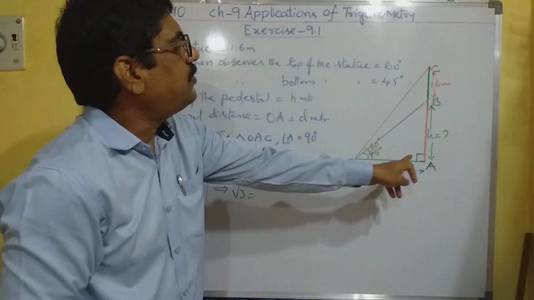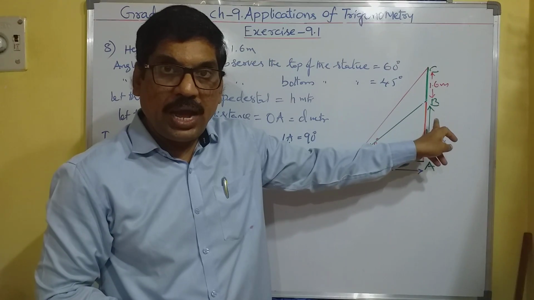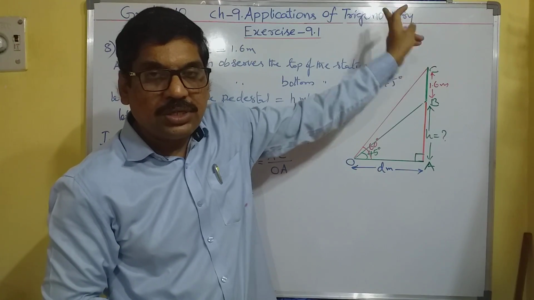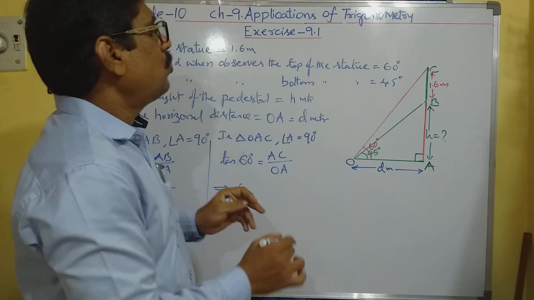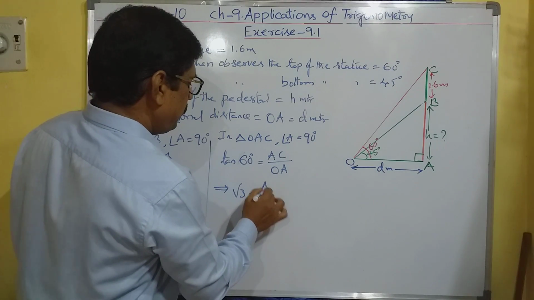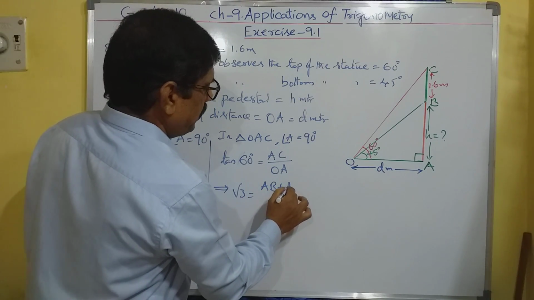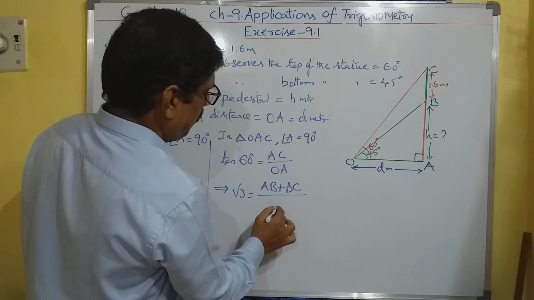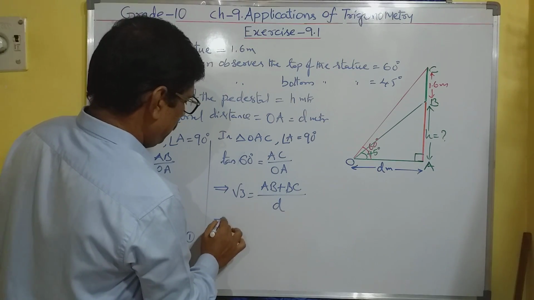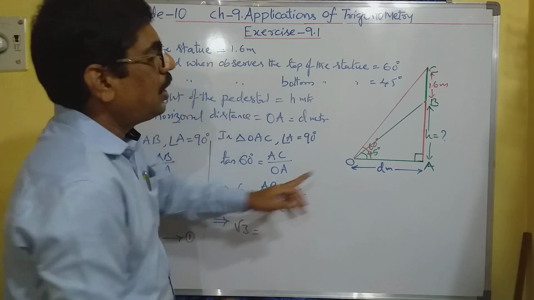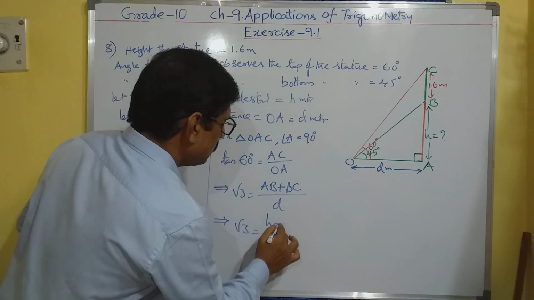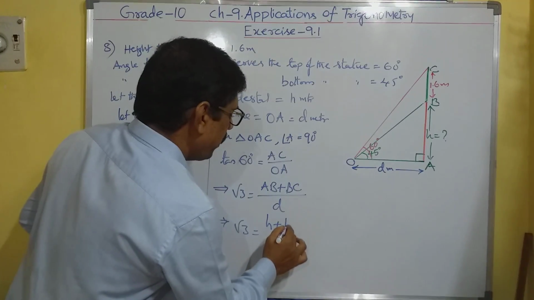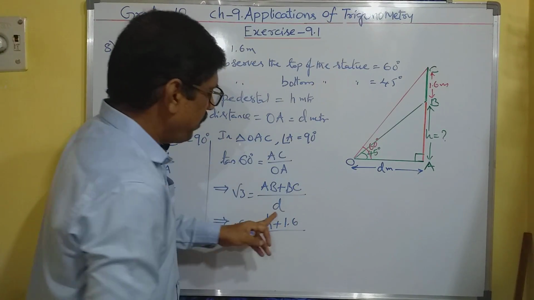And AC value means the pedestal height and the statue height, both together. So we have to take it as AB plus BC by OA value d. So this implies root 3 is equal to AB is h and BC is 1.6 meters, by d value.